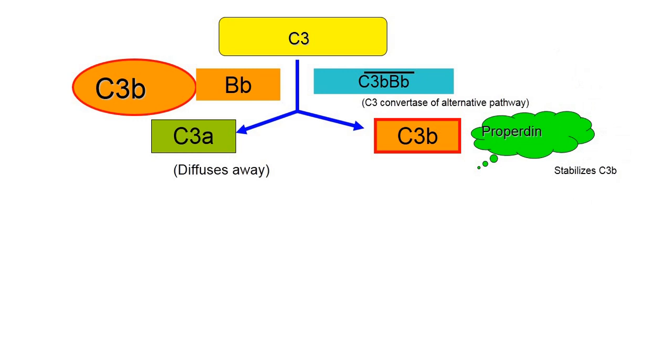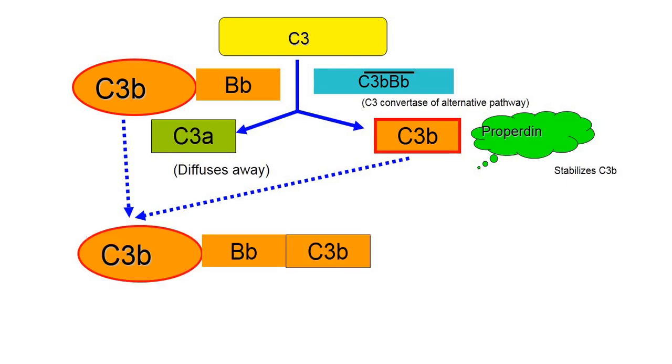Now comes the next part. This C3b and the C3b of the properdin pathway together form C3bBb and yet another C3b.